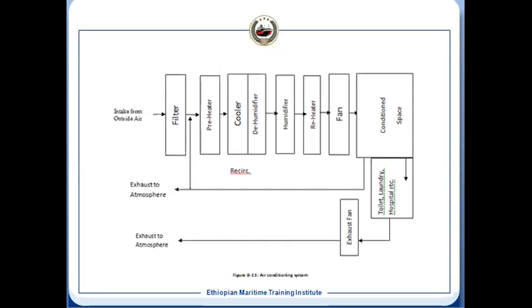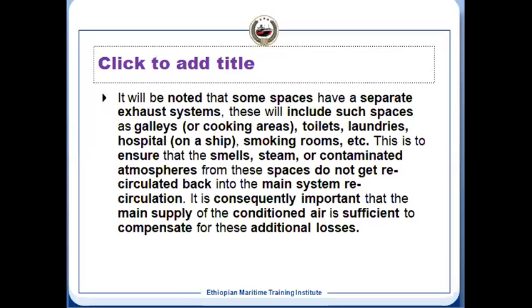So the next one, as I told you, is the cooking area, that is the galley, toilet, laundries. Laundry also we don't want, because steam is used, and we don't want that steam in our comfort space. Smoking room also, if there is a smoking room, will have a separate exhaust.